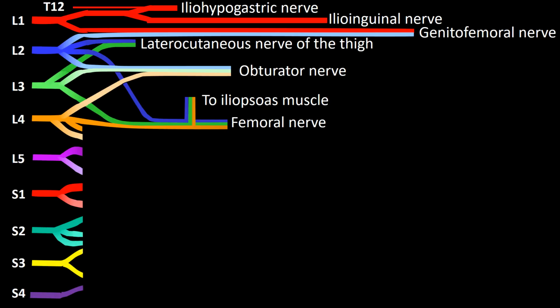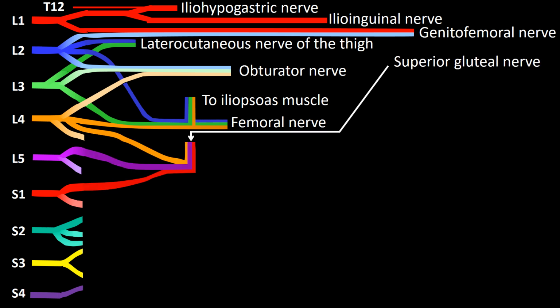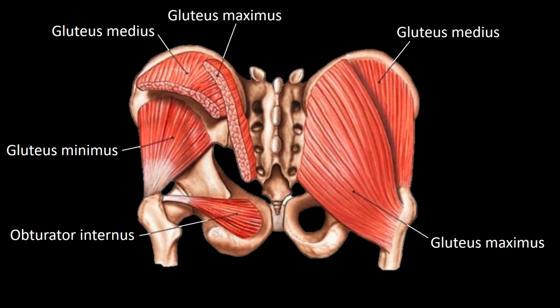Now back to building the lumbosacral plexus diagram. One posterior division of L4, of L5, and of S1 come together, forming a branch that gives out a nerve called the superior gluteal nerve. I will indicate in this illustration the muscles innervated by the superior gluteal nerve.